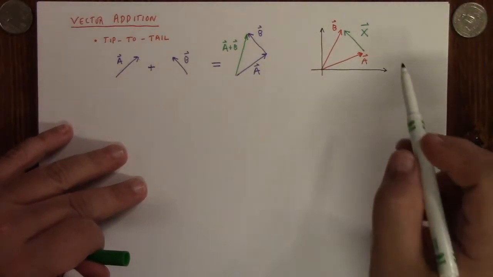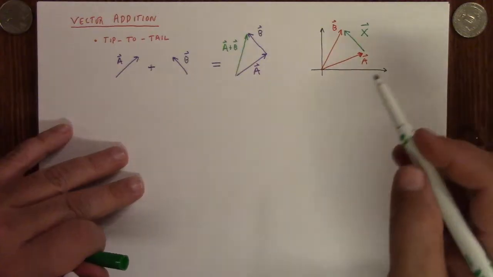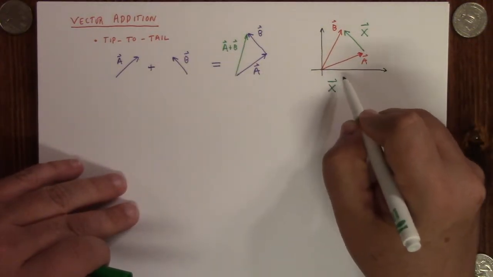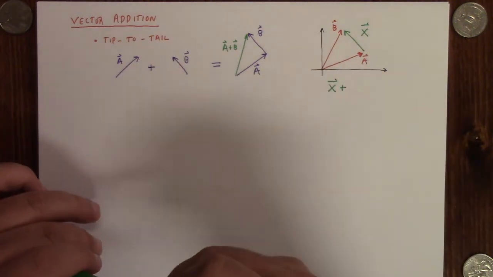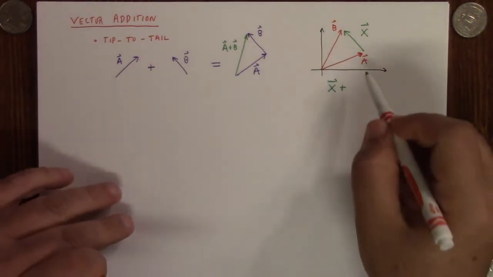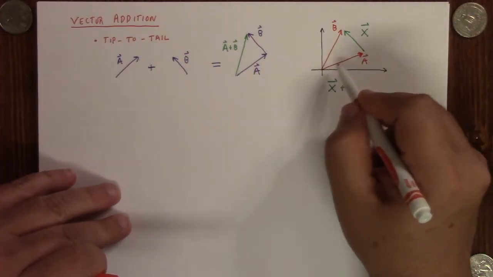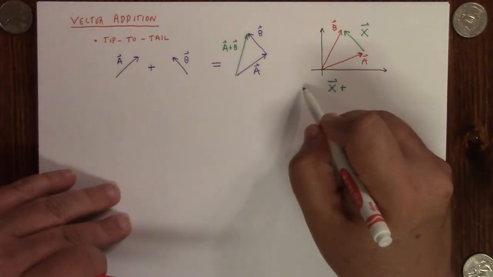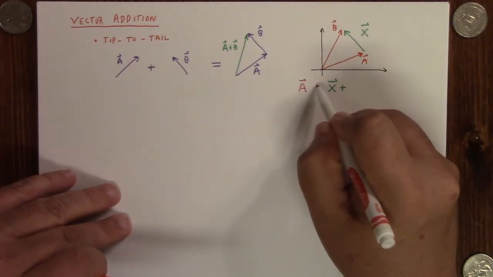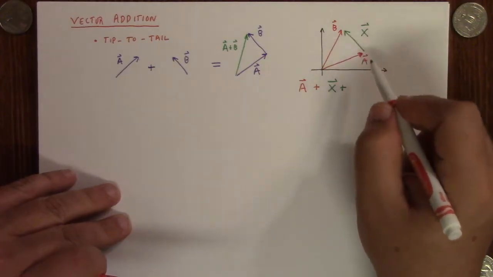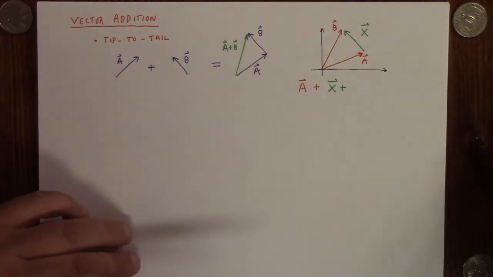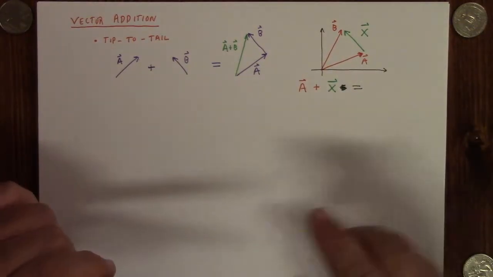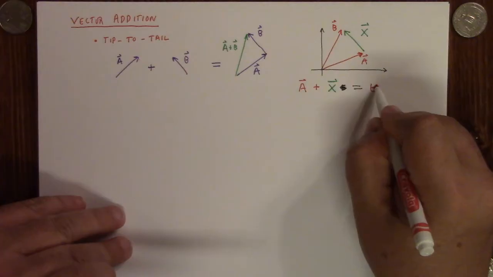Because of tip-to-tail vector addition, you can see that A plus X should be equal to B, because that's the same displacement from the origin.